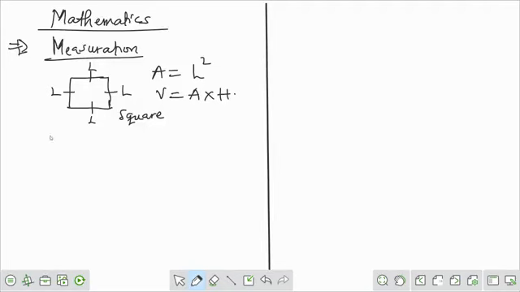So you know that rectangle is, let's just put them like this. Rectangle. Don't forget, the perimeter of a square is just four L. Just add them together.